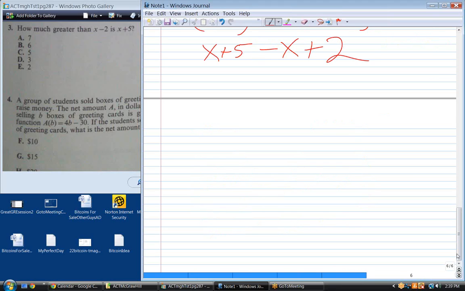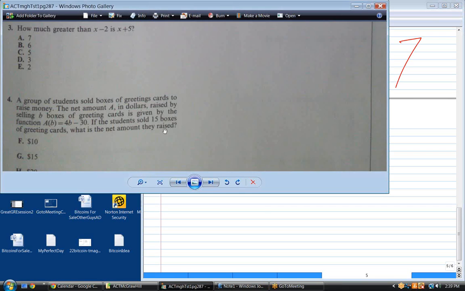Simplify. Would it be 7? It would be. In other words, all we need to do is subtract this minus that. Okay.